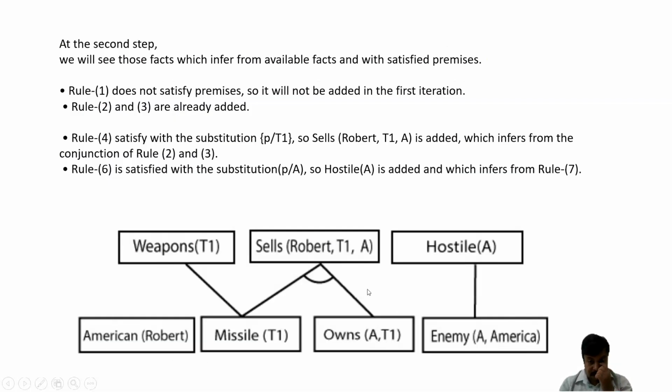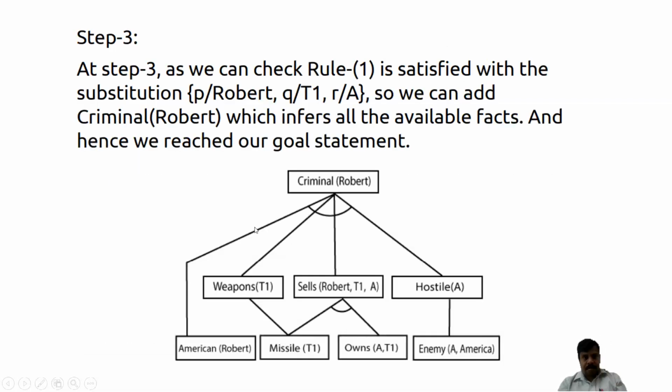American is Robert. So in the next figure, we can check Rule 1 is satisfied with the substitution of this particular proposition. P is Robert, Q is T1, R is A. So we can add Criminal Robert, which is inferring from all the available facts.